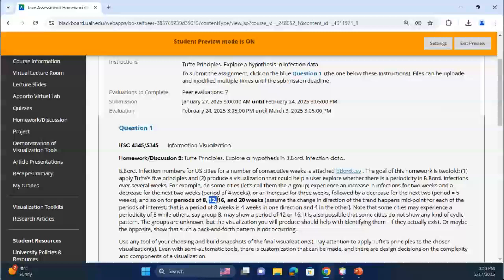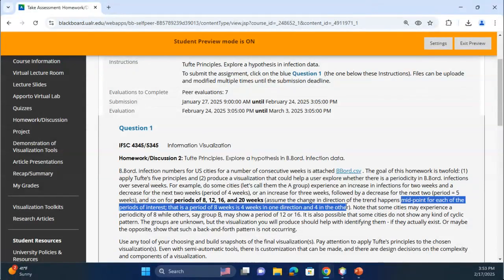It's not 10 and 2 or anything, because otherwise it gets a lot of possibilities, and I'm not interested in that. So always midpoint. 16 is going to be 8 weeks in one direction, 8 weeks the other direction. And then 20 is going to be 10 and 10: 10 weeks up, 10 weeks down. That's what I mean by midpoint.